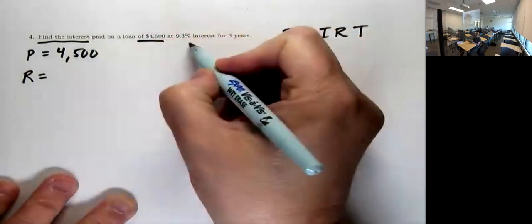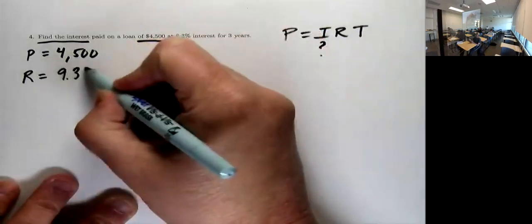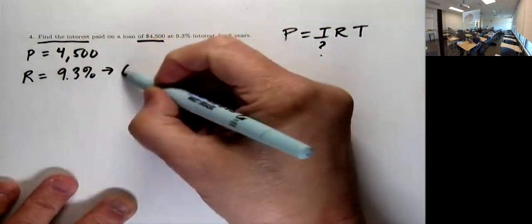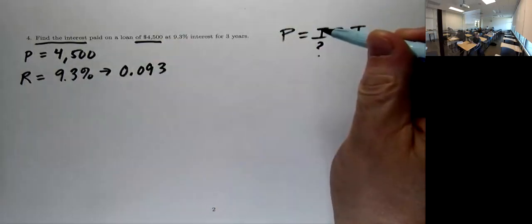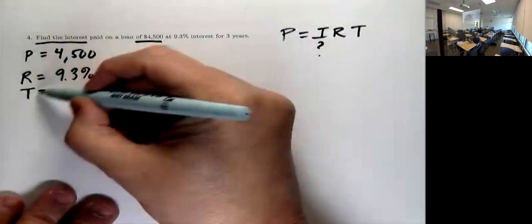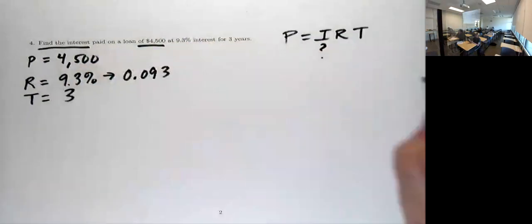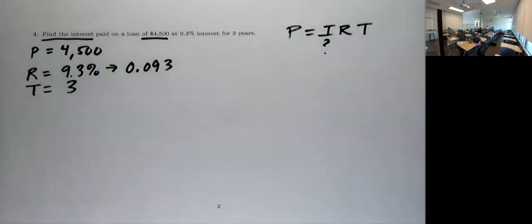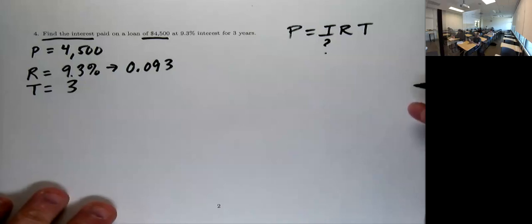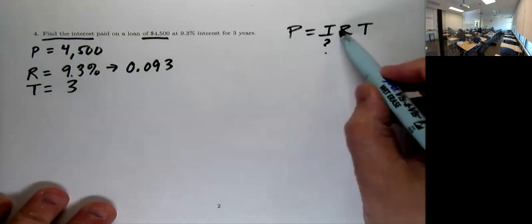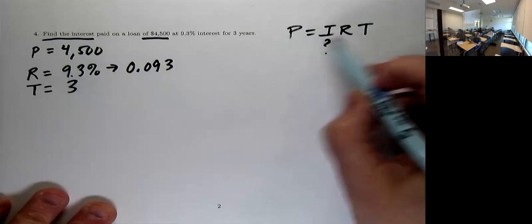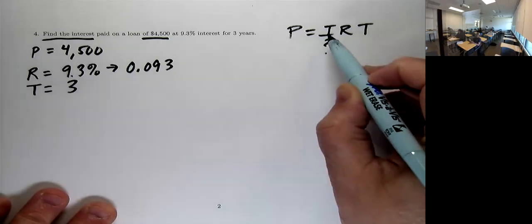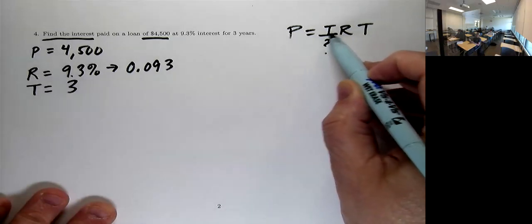All right, so the rate is the 9.3%, but we don't want it as a percent. We want to write it as a decimal. So we're going to shift the decimal point left twice. T is time in years, which is 3. Now, we know we're solving for I. There's a couple ways to do this. I think this is the easier way to do it. Before you start plugging stuff in, solve for I here. I want I by itself.